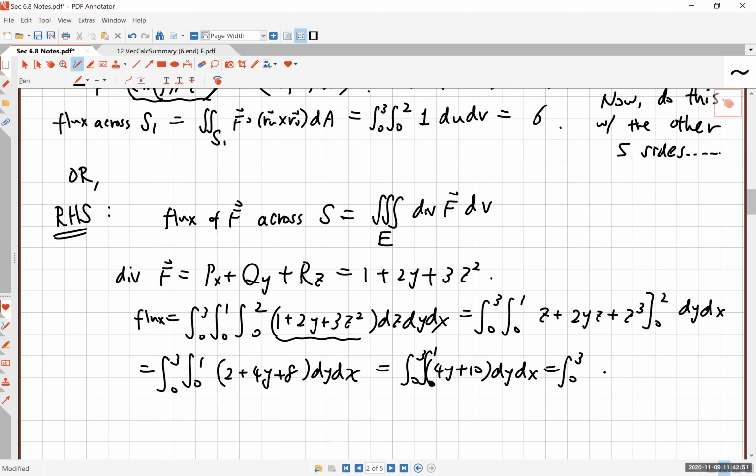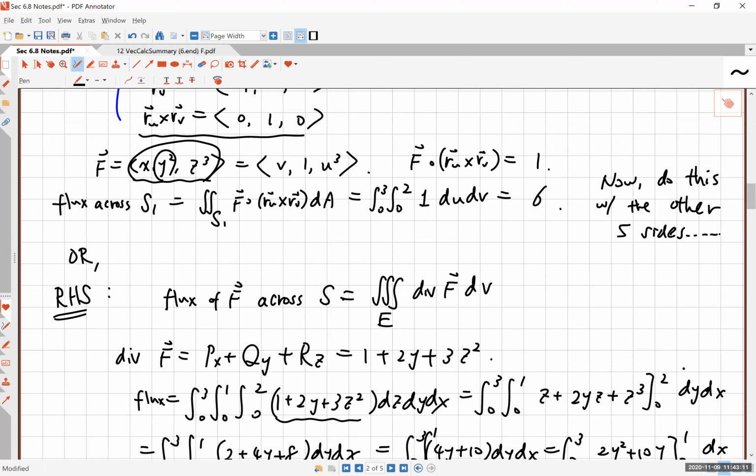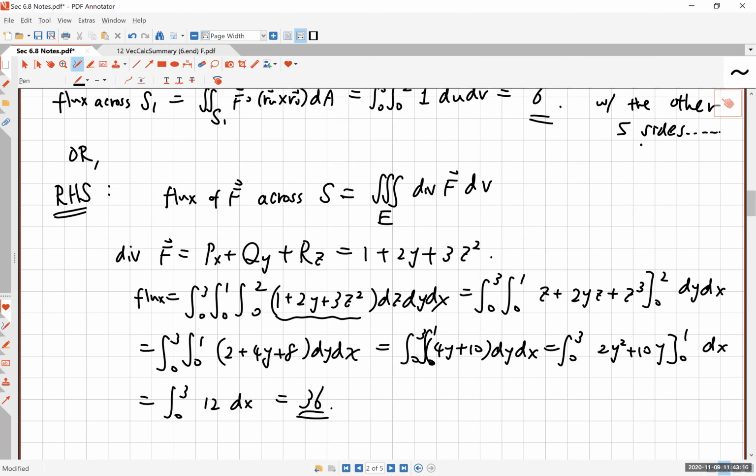And so this will be 2y squared plus 10y going from 0 to 1. And if you plug in 1, of course, you get 12 dx, and that is 36. So the answer is 36, and 6 was coming from that side where y is equal to 1, and you can do that with all the other 5 sides, and if you add them up, you will get 36 as your total flux.